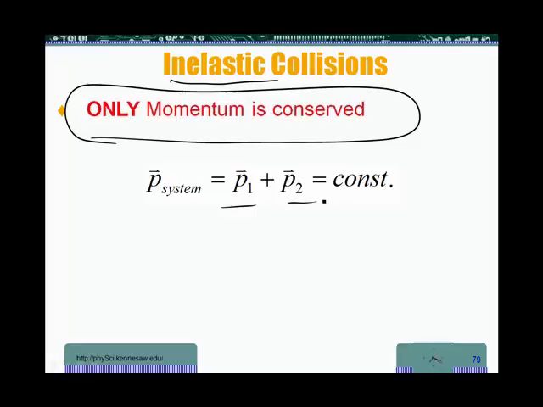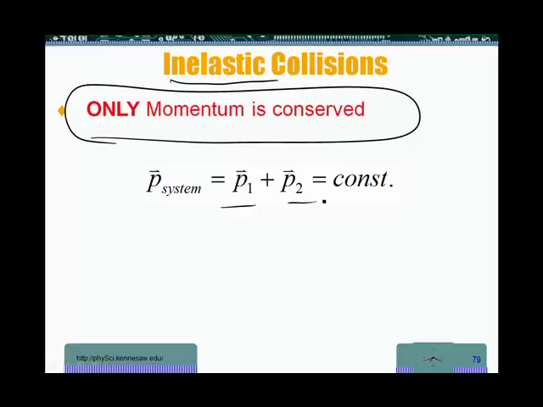Now, explosions, for example, are going to be inelastic collisions. Things that hit and crumble together are inelastic collisions. Some of the energy of motion is going to be transformed into heat, into spring potential energy in crumbling the materials.